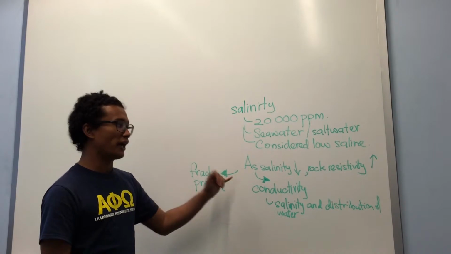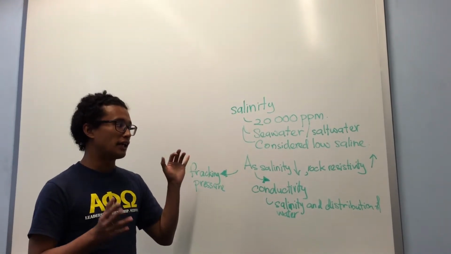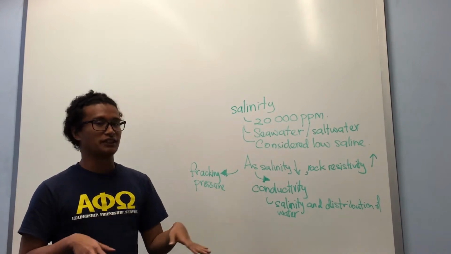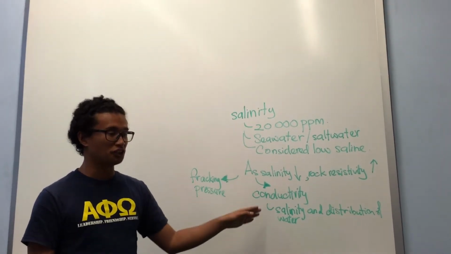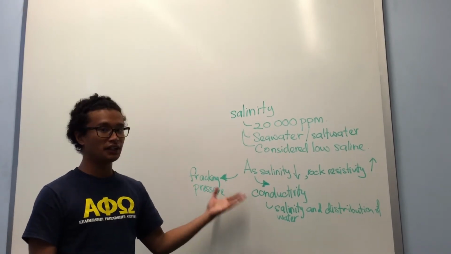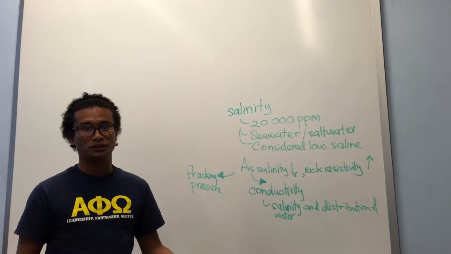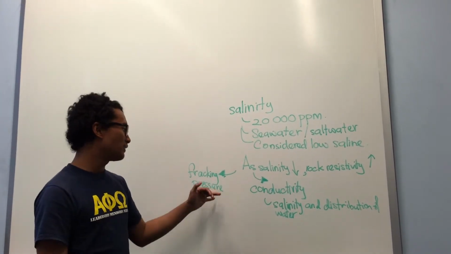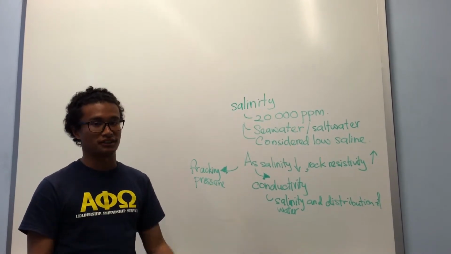First of all, as salinity decreases, rock resistivity increases as well. From this information, you can find out the conductivity of the fluid, whether it's hydrocarbon or the water itself, as well as the fracking pressure of the formation itself.